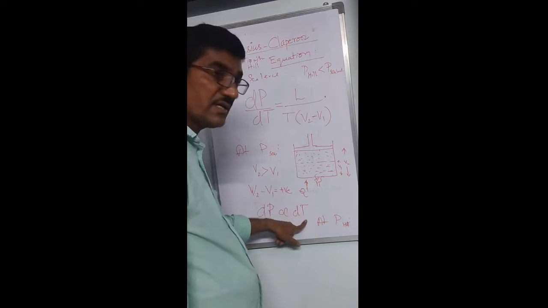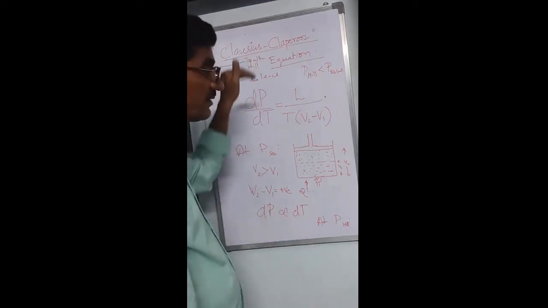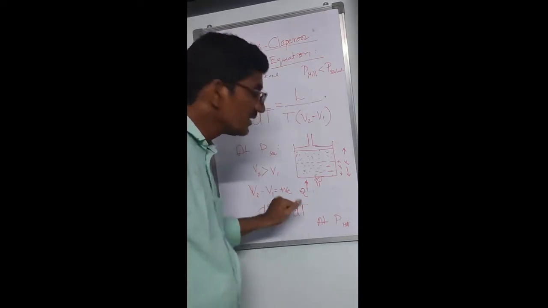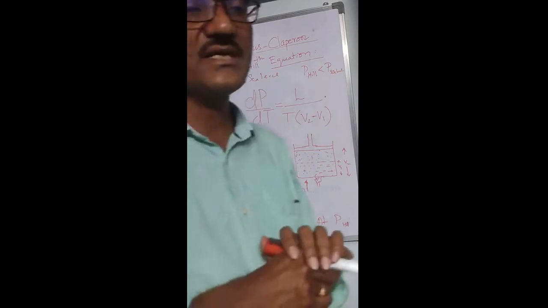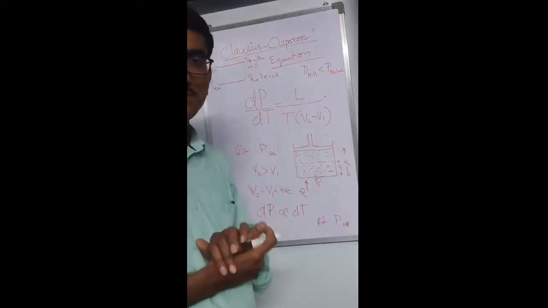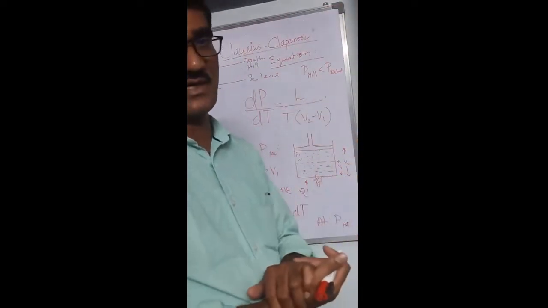This depends on what is happening to the P. P is decreasing. So what happens? P also decreases. What is T here? Boiling point. So what is the meaning of this? As you go to the top of the hills, water starts boiling at a lower temperature.